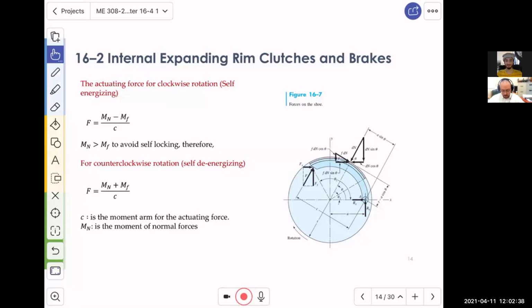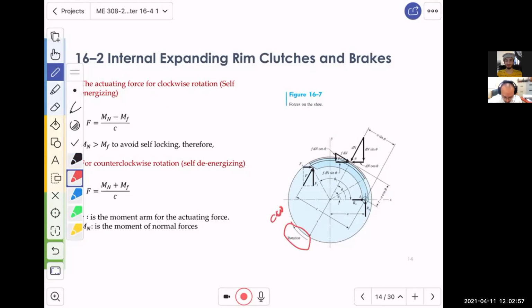And we said that we have an example here of a drum which happens to rotate along the clockwise direction, and we have the shoe over here. One shoe only. Most of the time we have two.